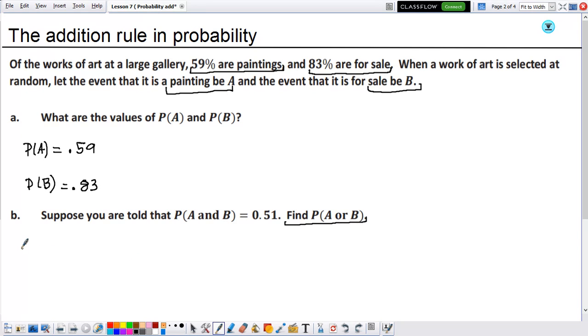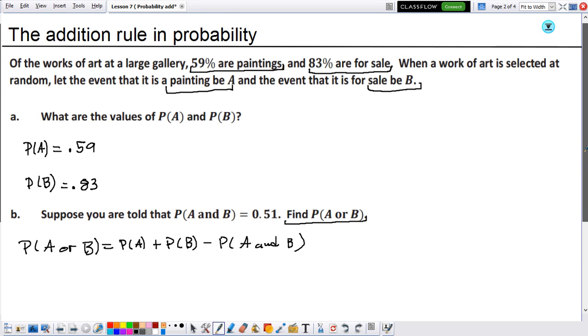Let's write it out. P of A or B is equal to the probability of the first event plus the probability of the second event minus the probability of the intersection of those two events. This is the formula that we discussed in the main idea.